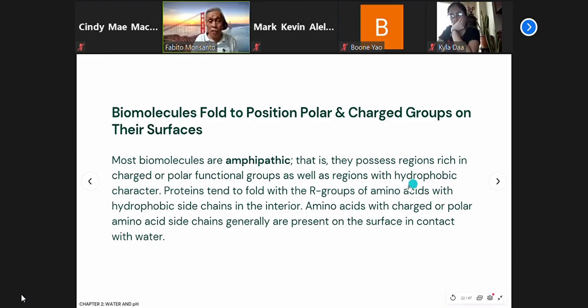So there are portions of the protein that are hydrophobic, meaning they do not like water. When you place hydrophobic compounds in water, they will cling to each other. The reason for that is they do not want the water.